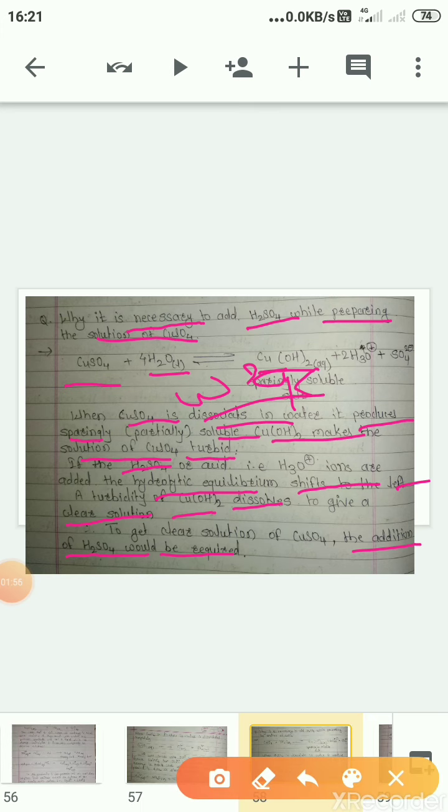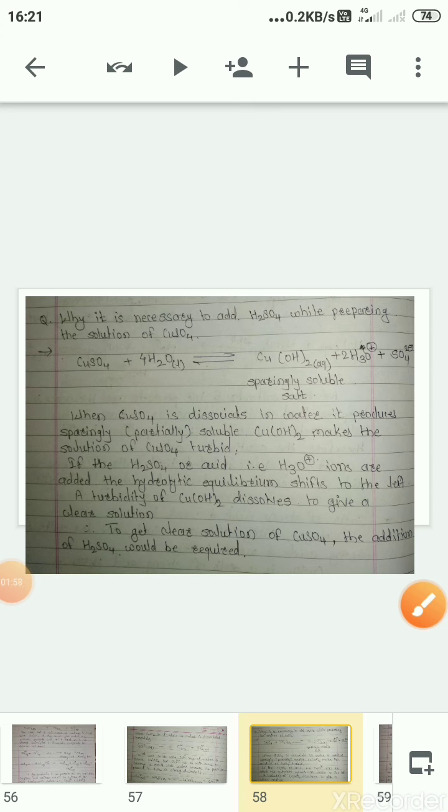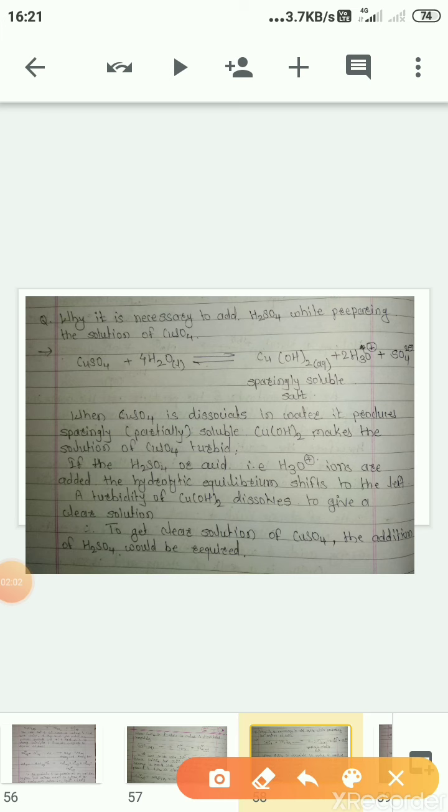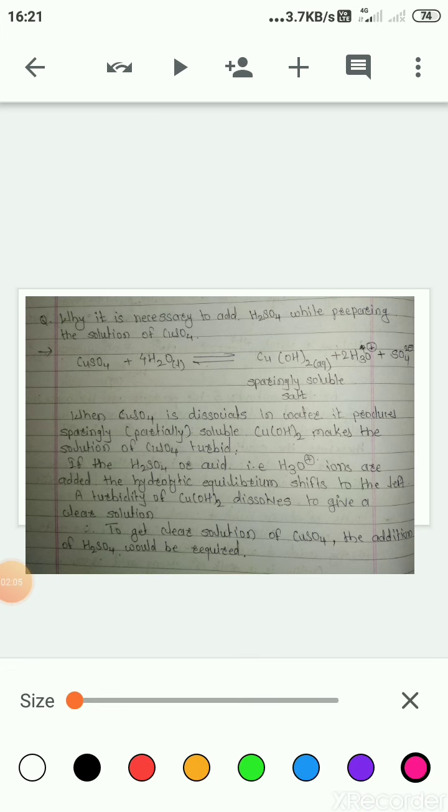Okay, simply remember here, just write down two important sentences. First one is copper sulfate is a weak electrolyte. Copper sulfate is a salt of strong acid and weak base, which dissociates in water to produce sparingly soluble salt, cupric hydroxide. And due to this sparingly soluble salt, it produces a turbid solution.